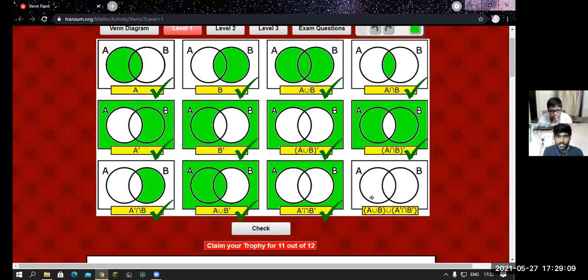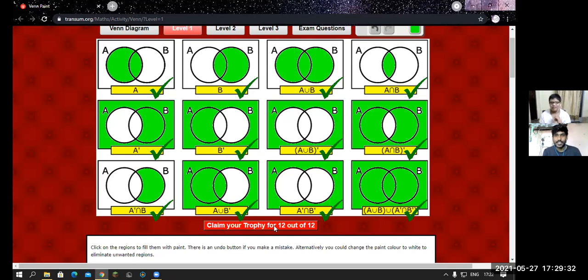This one is A union B, and this one is A complement intersection B complement. Look at the green portion, and you have to take the union. So combine both of these figures. Correct. So you got all right.